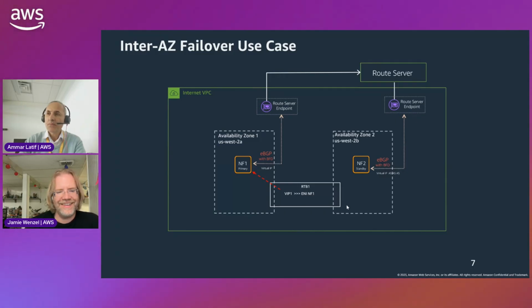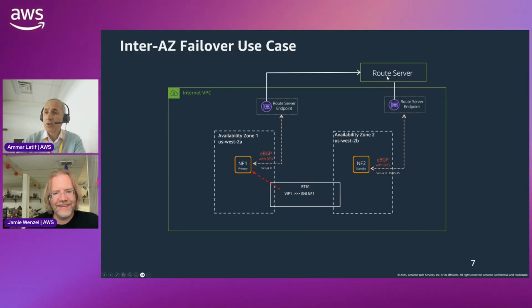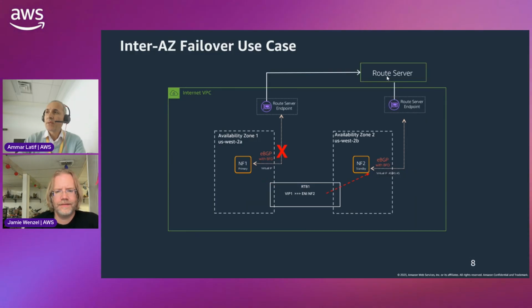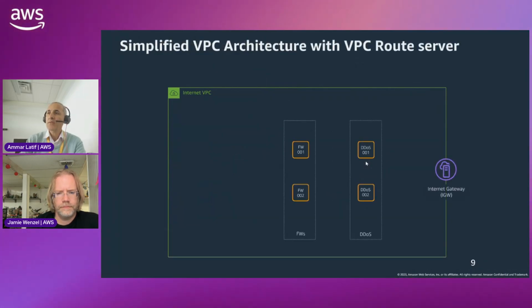And then we can also check what this route server looks like. This is basically what we will do: let me build it out. We will do the failover, so I'll shut down this instance. This eBGP session will go down, and then we will see that the traffic will be sent to this NF after a couple of seconds.